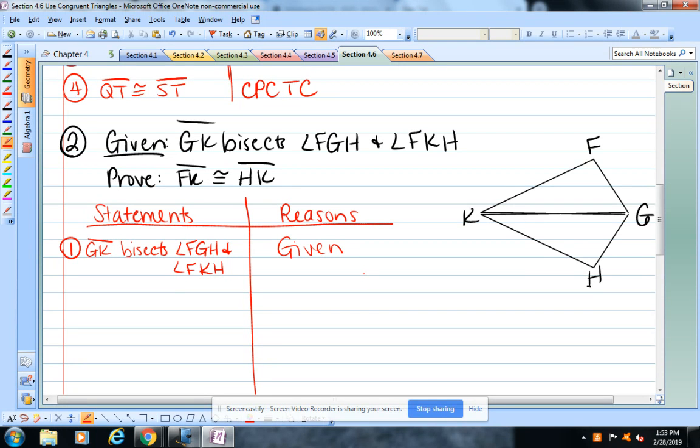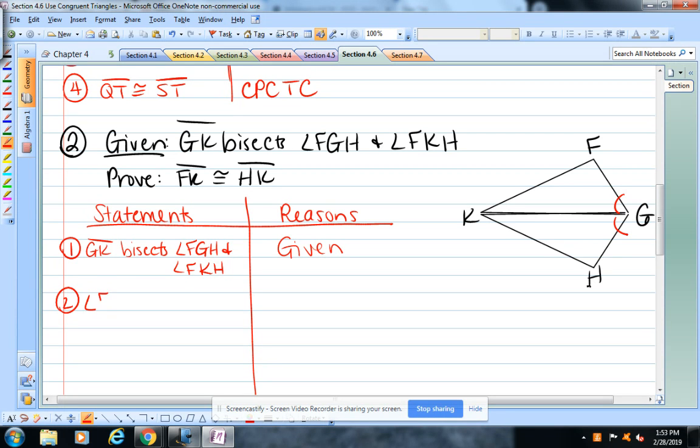So, okay, let's talk about one part. Angle FGH is this angle over here at G. You see that? Well, this segment, GK, cuts this angle in half. That makes them congruent, right? So as a result, I can say this angle is congruent to this angle.